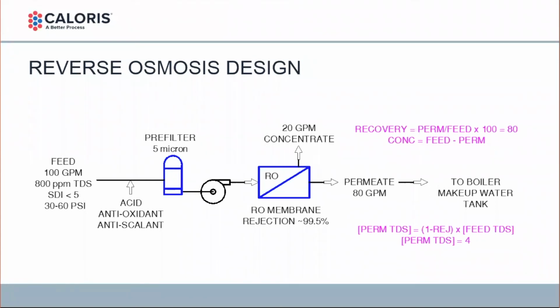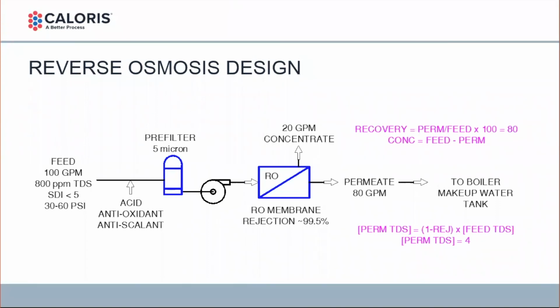One other process thing, a rule of thumb, if you want to know how clean your water is going to be on the RO, you can use the formula: permeate TDS is equal to 1 minus the rejection times the feed TDS. So our rejection for this RO membrane is 99.5%.